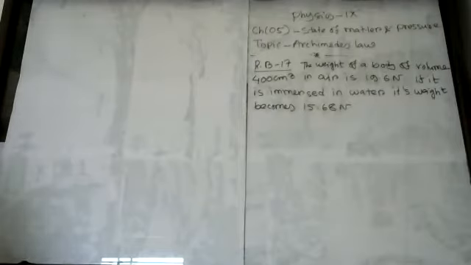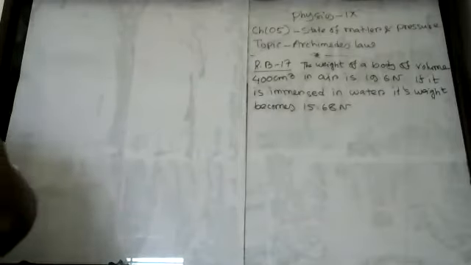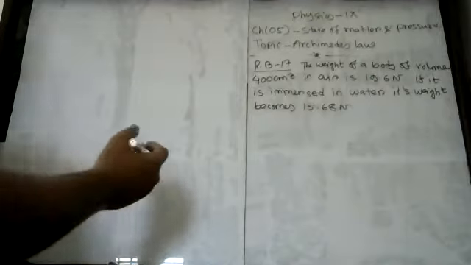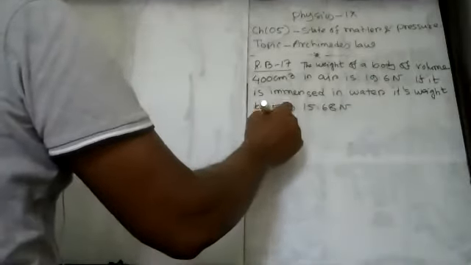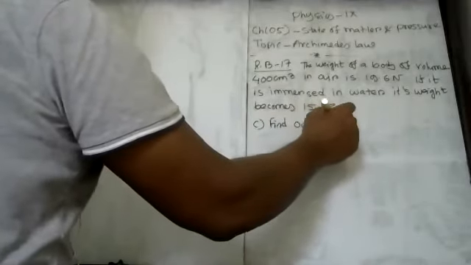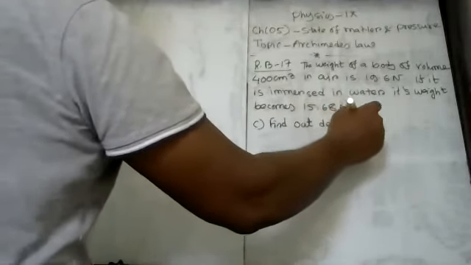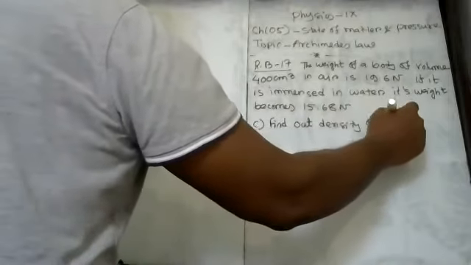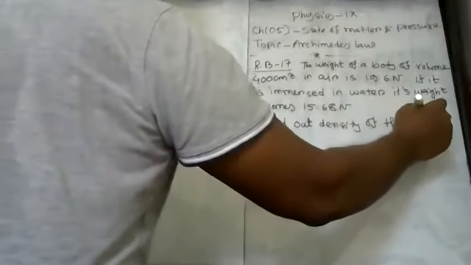Now, question number C. Find out the density of this body from the stem, my dear students.